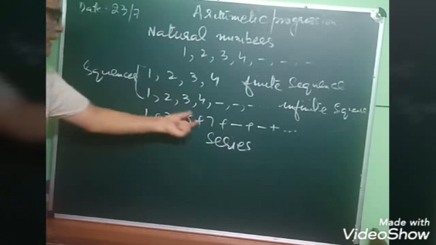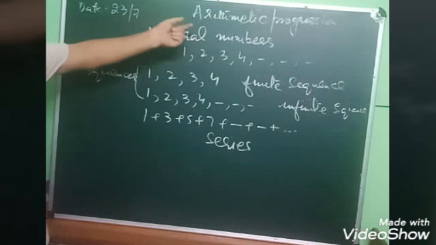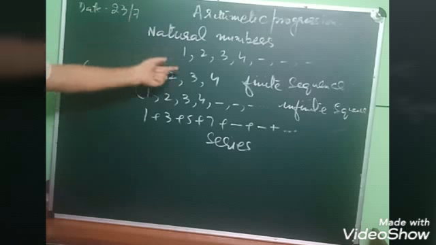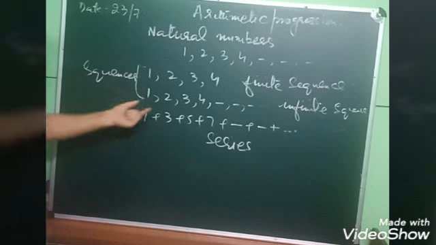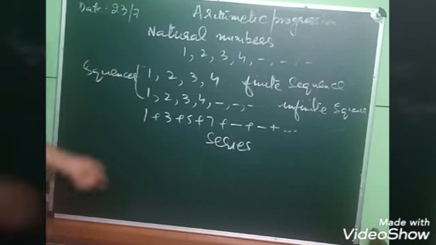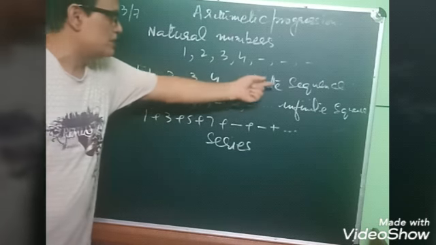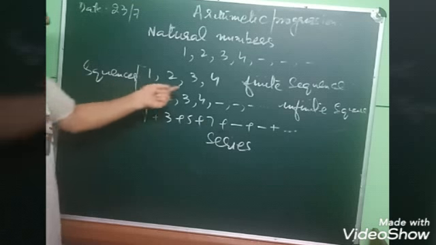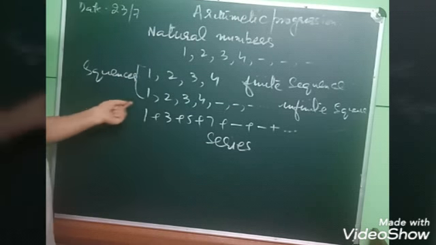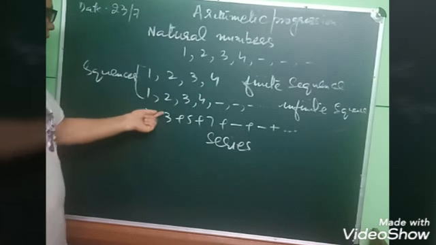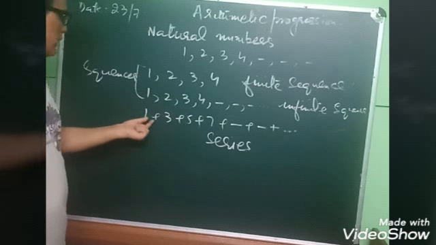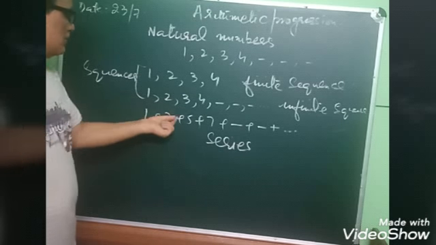So this is sequence and series. In class 11 you will do this chapter as sequence and series. In sequence we are having two types, finite sequence and infinite sequence. And in series we are having 1, 3, 5, 7, and in between there is a plus sign.